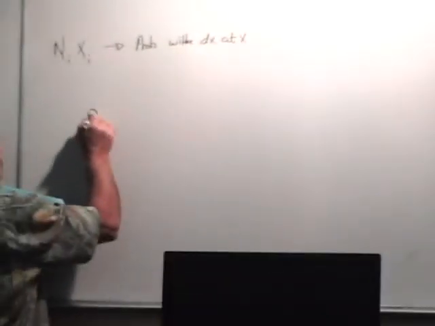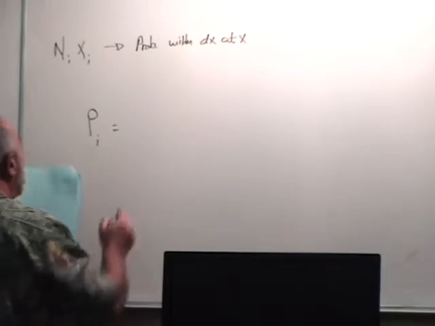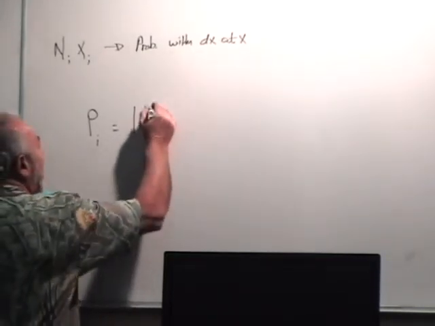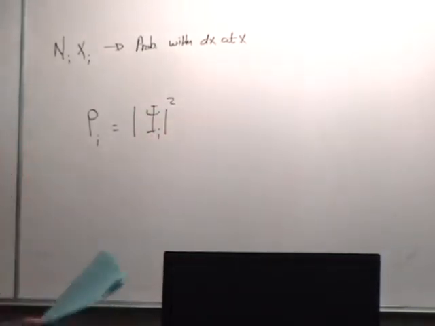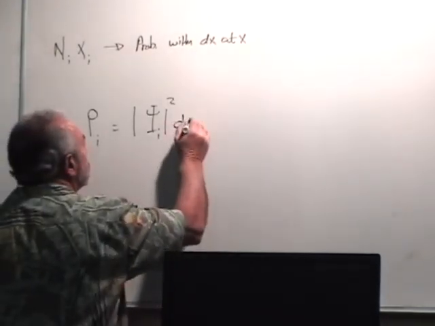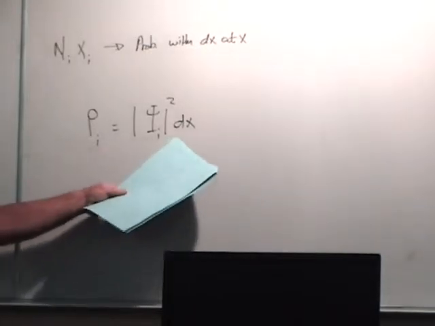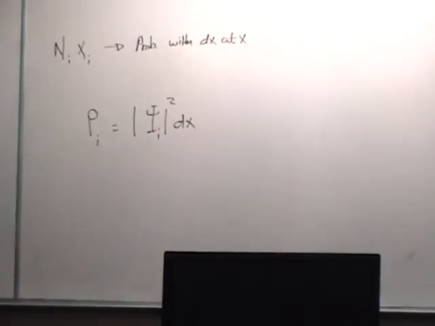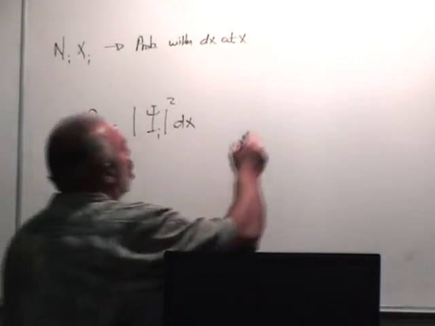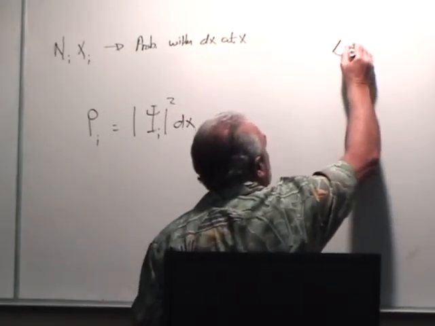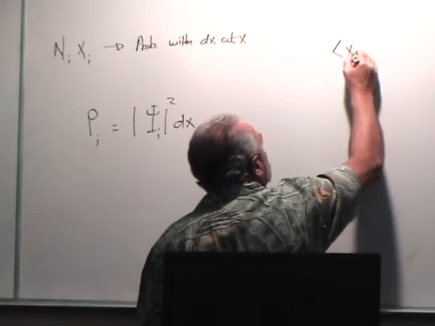So, the probability at any given point is given by psi squared at that point times dx. Therefore, I'm going to change things just a little bit because we're going to be dealing with differential elements, so the summation will be replaced by integrals. And instead of talking about the average position of a penny, I'm going to be talking about the expectation value of the position.